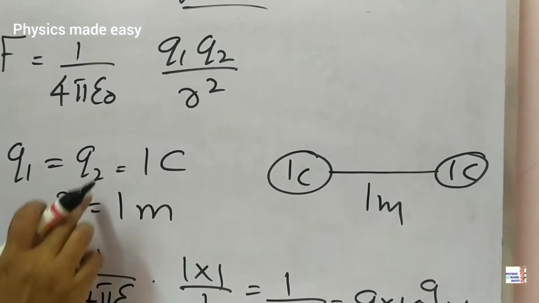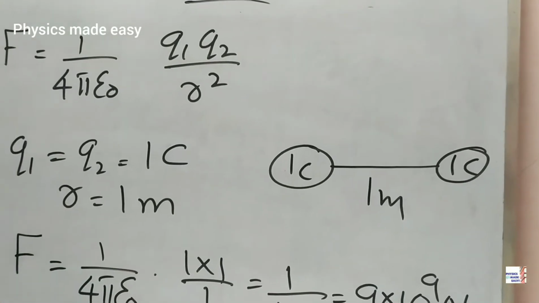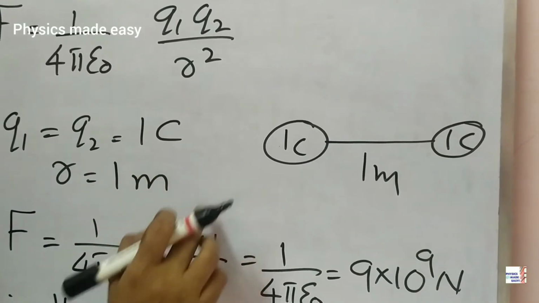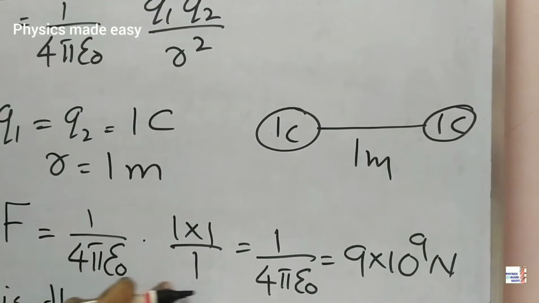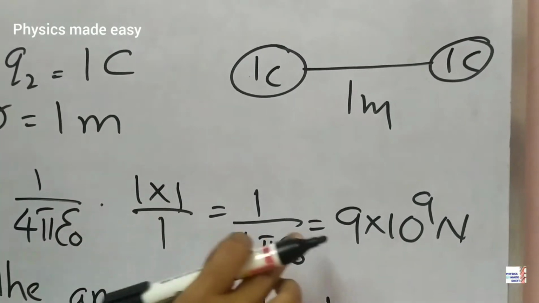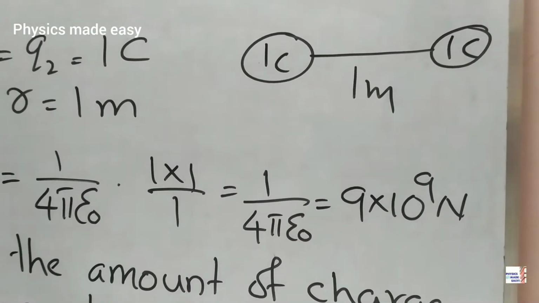If you apply these values in this expression, you can see F is equal to 1 by 4 pi epsilon 0 into 1 divided by 1 square, that is 1. So we can write 1 by 4 pi epsilon 0, that is equal to 9 into 10 raised to 9 Newton.